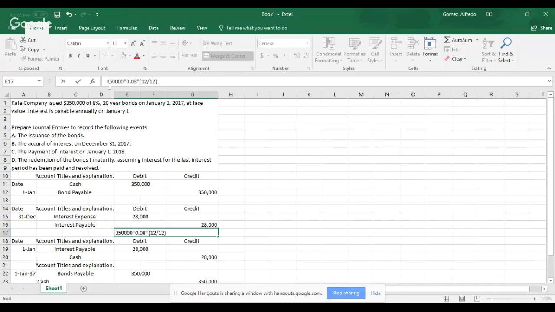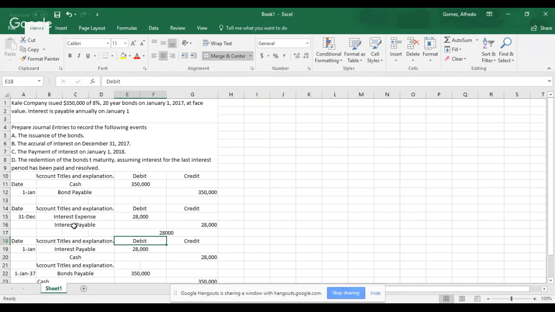And for that first year, since it was issued on January 1st, we're going to do 1 year or 12 over 12. And that gets us $28,000. So we're going to record the accrued interest. We're going to debit interest expense for $28,000 and credit interest payable for $28,000.